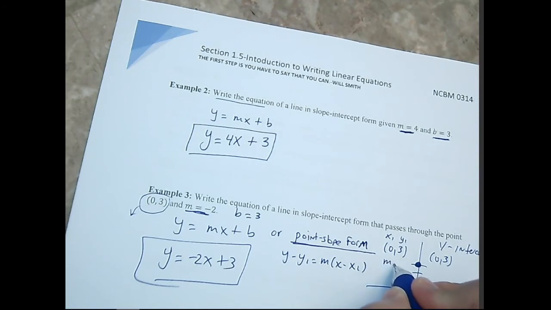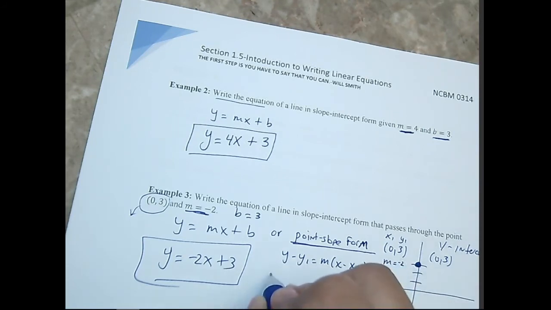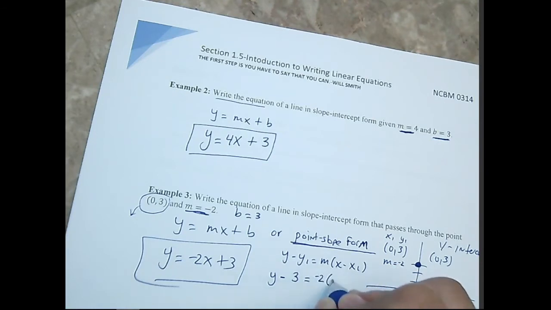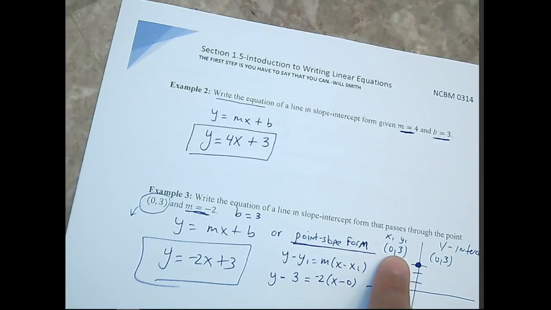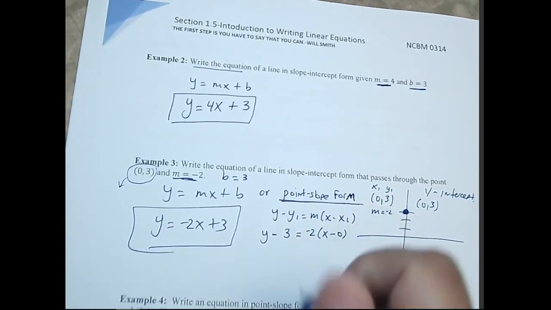And then they give you the slope of -2. So I'm going to substitute those values. y1 is 3, m is -2, and x1 is 0. This method will come in handy whenever the point is not a y-intercept.